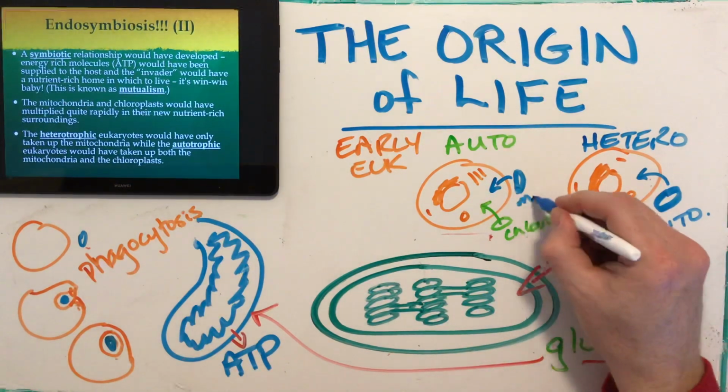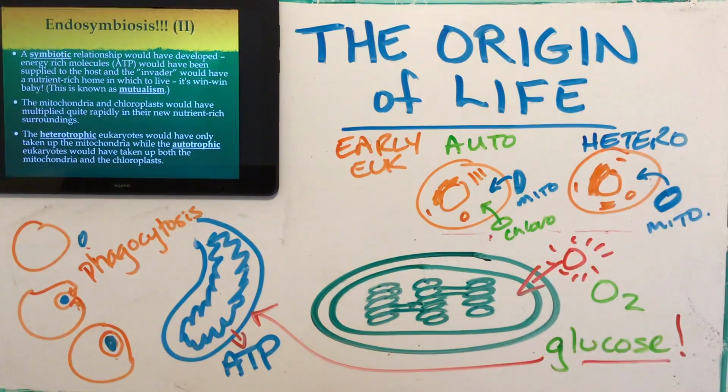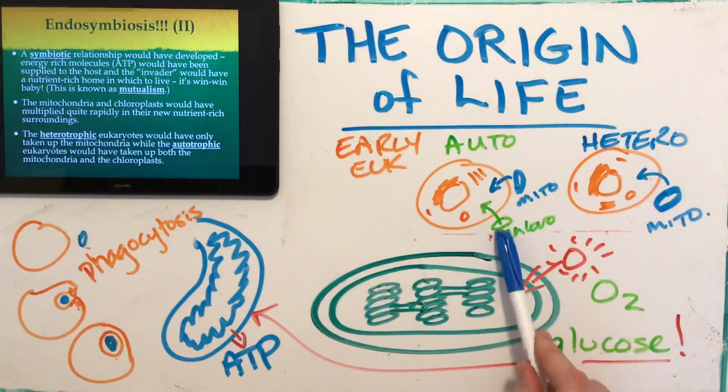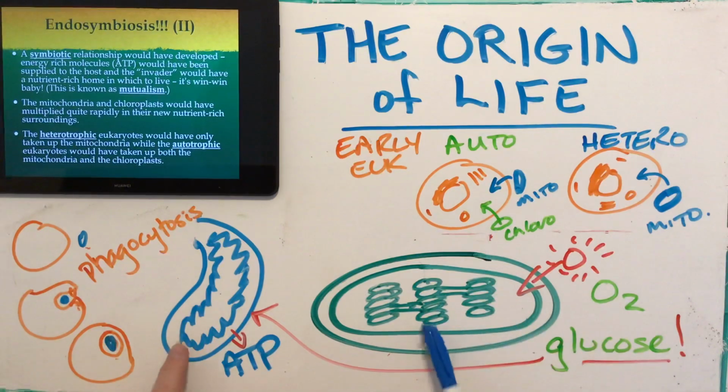They would have taken both in. For some reason, a lot of students think animals have mitochondria, plants have chloroplast, and that's it. Plants have both mitochondria and chloroplast. So plants take in both. We only took in the one.